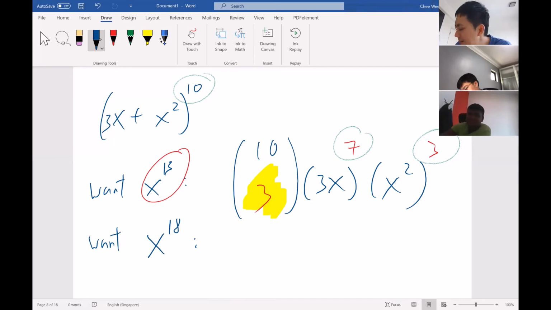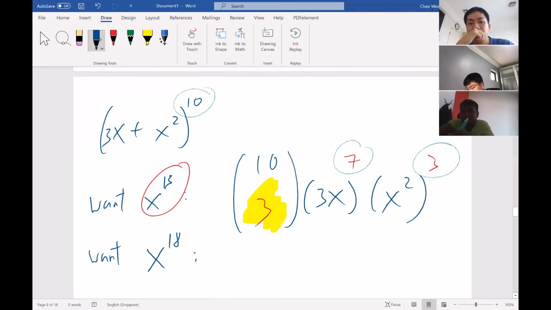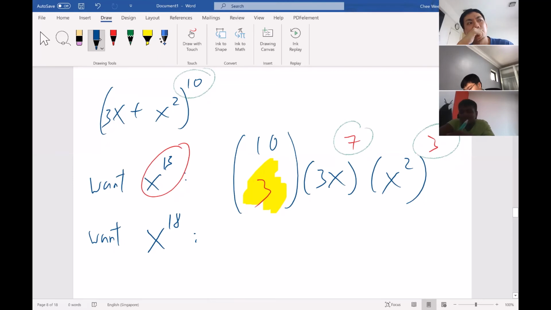Say that again. No, comparing coefficients doesn't work in this case because I have not given you what the actual power looks like. But if you do, for example, 10 choose r times 3x to the power of 10 minus r.